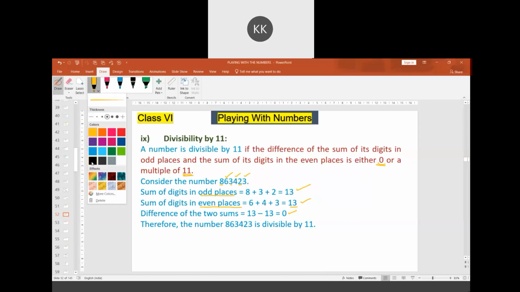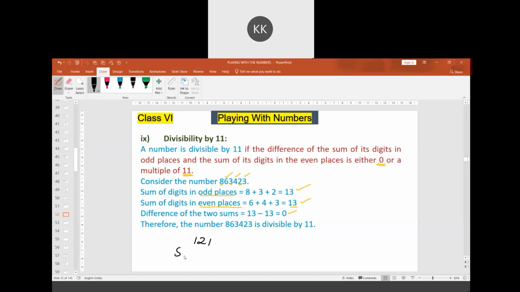If I consider 121, what is the sum of the digits in odd places? It is 1 plus 1, odd places, which is 2. What is the sum of the digits in even places?